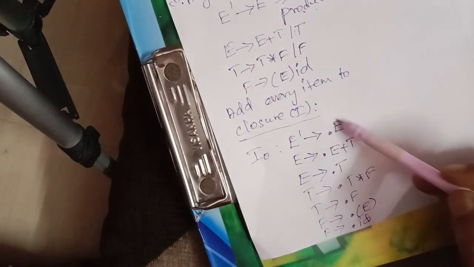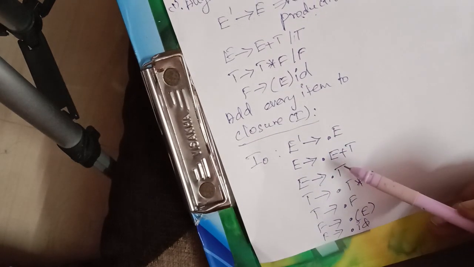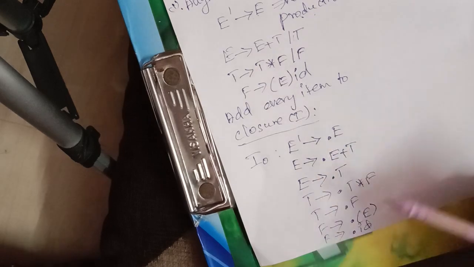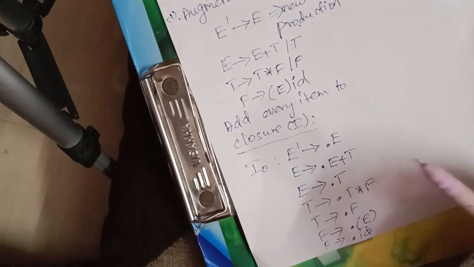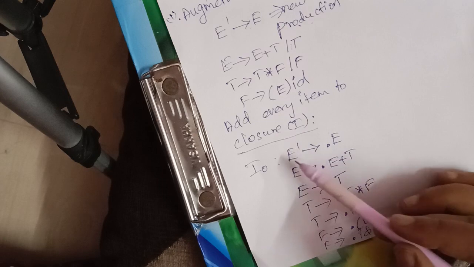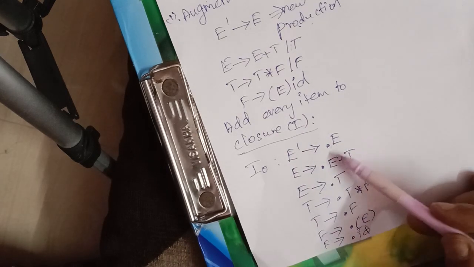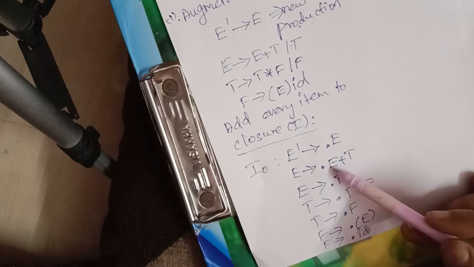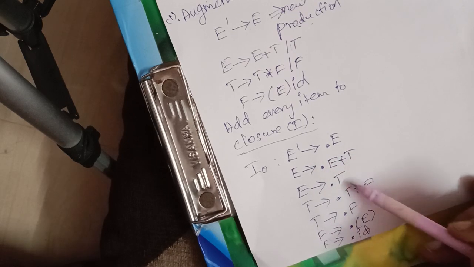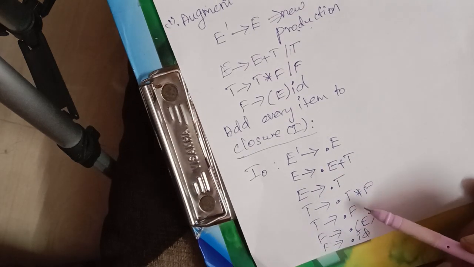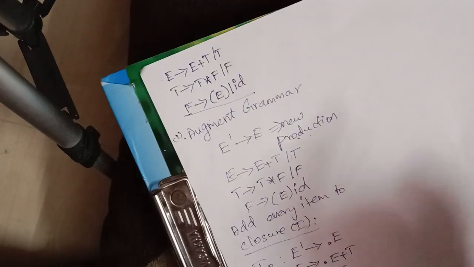So we are doing step by step analysis for the given context free grammar. The main objective of the problem is that for all the productions, all the dots need to come at the end of the given production. Once it is done, your problem is over. So how to do that?